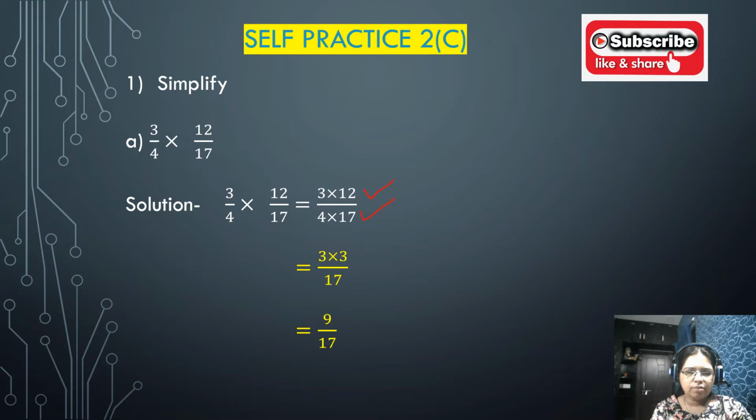We cancel 4 with 12: 4 multiplied with 3 is 12. Now 3 multiplied with 3 is in the numerator and 17 in the denominator. 3 multiplied by 3 is 9, so we get 9 divided by 17. So 3 divided by 4 multiplied with 12 divided by 17 is 9 divided by 17.